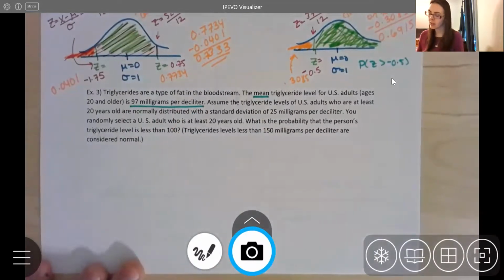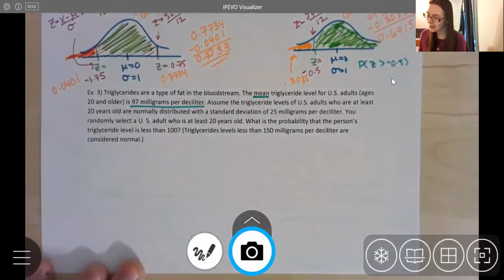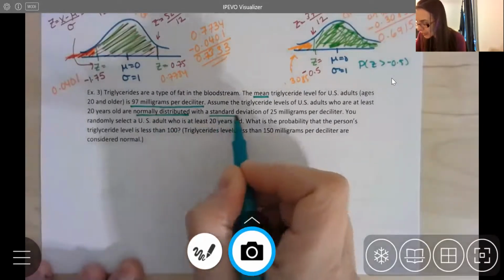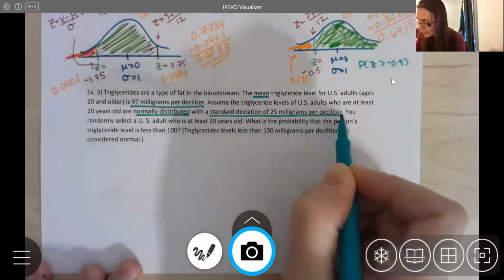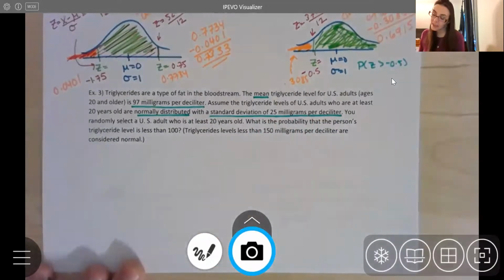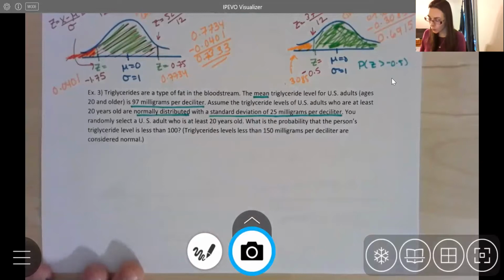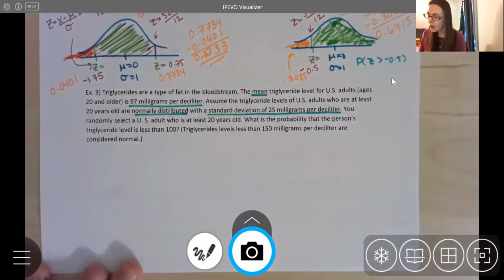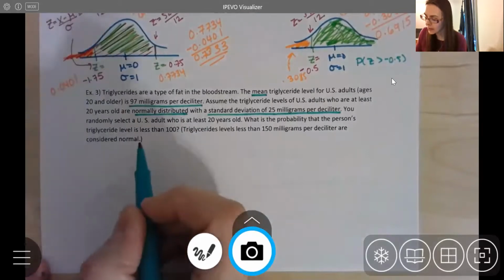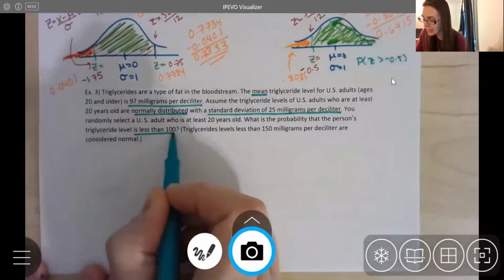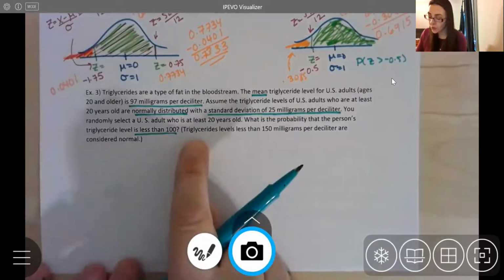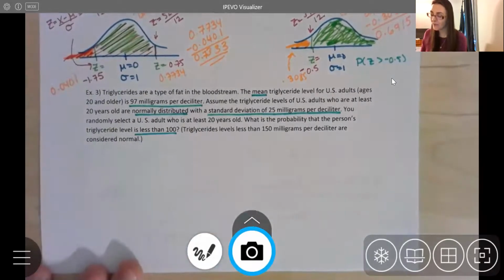We're going to assume the triglyceride levels of U.S. adults who are at least 20 years old are normally distributed with a standard deviation of 25 milligrams per deciliter. You're going to randomly select a U.S. adult who's at least 20 years old, meaning that they're in the category we're talking about here. What is the probability that the person's triglyceride level is less than 100? And just as a note, triglyceride levels less than 150 are considered normal.